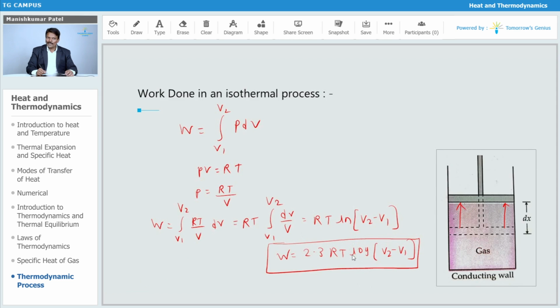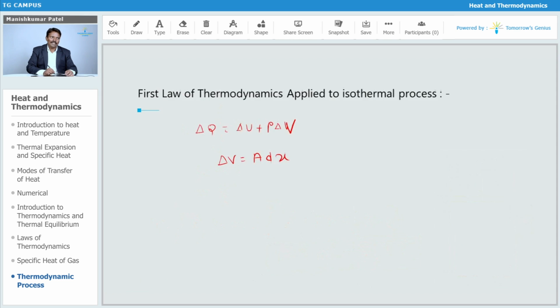In the isothermal process there is one more interesting thing when you apply the first law of thermodynamics. This is what I have written: delta Q equals delta U plus P into delta V. Now, the temperature is constant, and the internal energy of the system depends on the temperature.